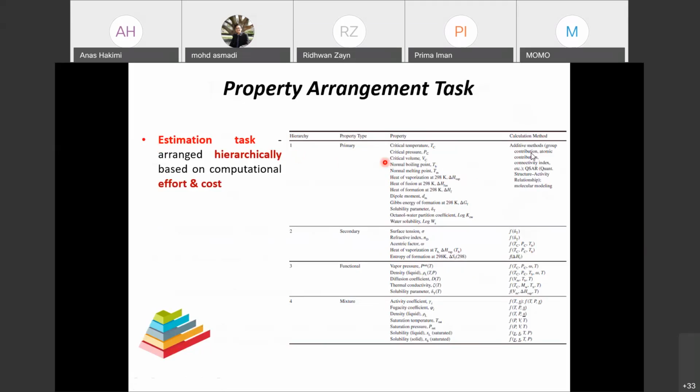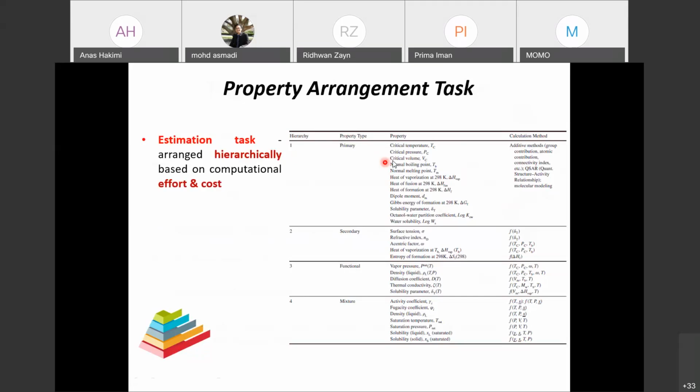Okay, so we have to follow this hierarchy. Generally, we have to start with the primary. For example, you have 1,000 candidates to determine the target compound, which is a liquid at room temperature.